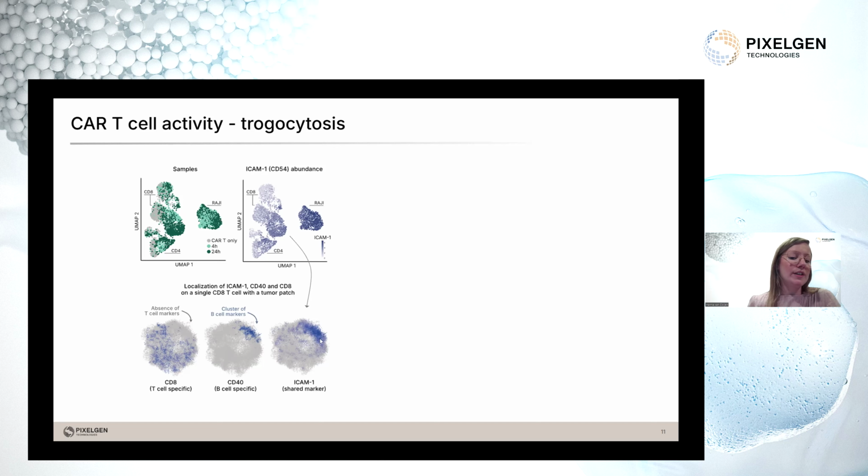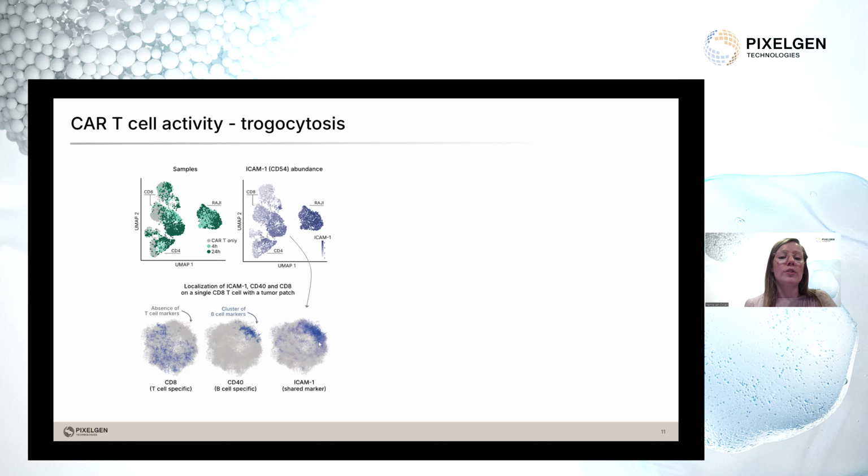We then decided to visualize some B cell markers, for example, CD40 and CD21 and 22. And we could see that these proteins were also co-localizing to a high degree with this ICAM1 rich kind of puncta. And on the other hand, we kind of saw loss or absence of CD8 or other T cell related markers in these ICAM1 rich domains.